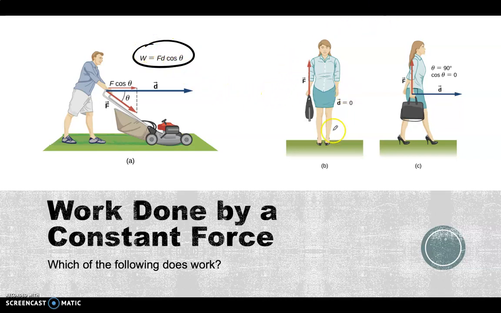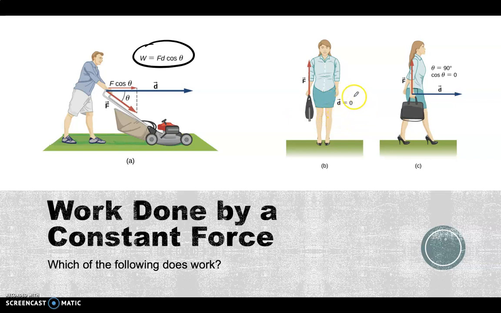Now, if we are looking at this woman head on, and she is holding this purse or bag. Kind of looks like a computer bag from this side. So we'll say it's a computer bag, and she is holding it up with some force. But it does not have any displacement here.